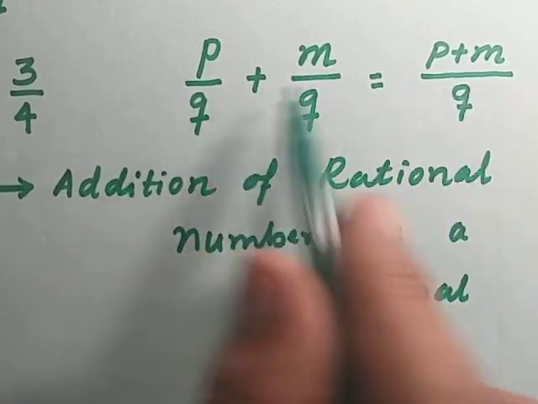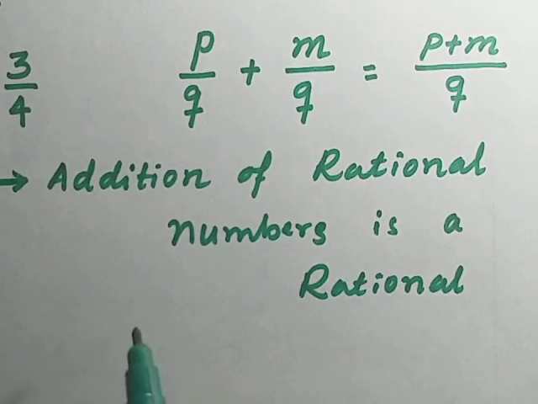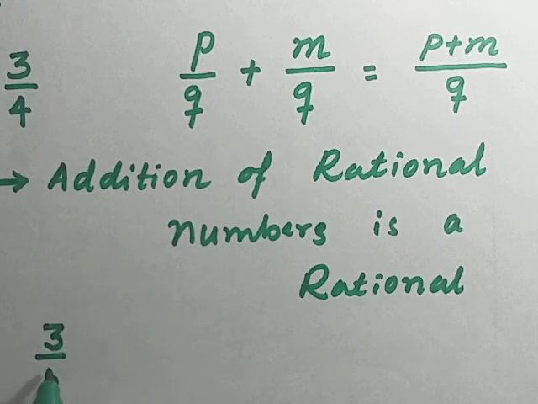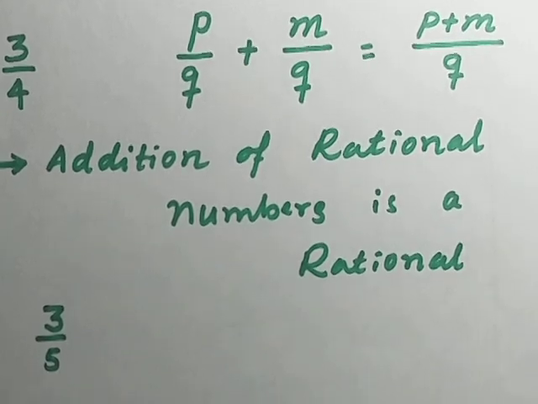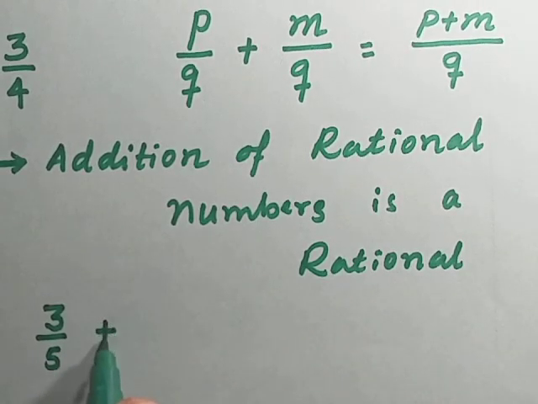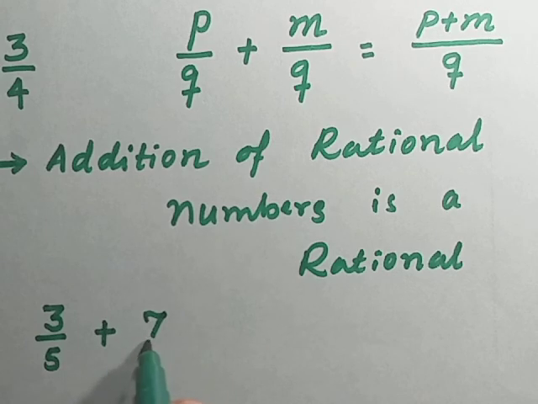Let us take an example to explain this. Suppose we have 3 by 5 as one rational number, plus we take another 7 by 5 as another rational number.